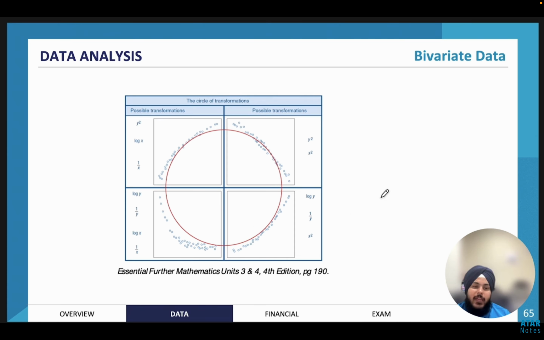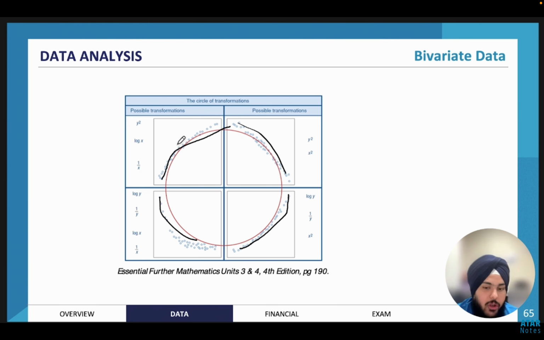If there turns out to be a pattern, we might look at the original graph and try to determine what the distribution might be. Is it curved like this? Is it curved like this? Is it curved like this? Or is it curved like this?